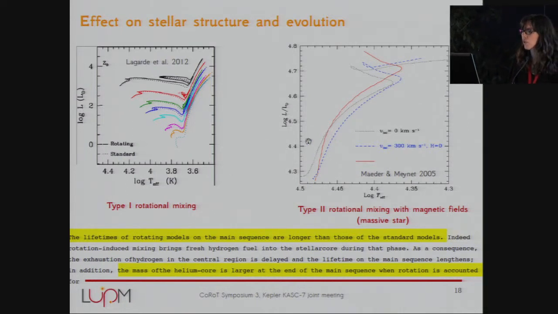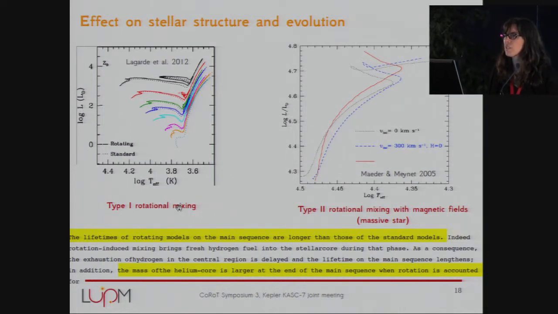Here you have two view graphs. Here is type 1 rotational mixing, meaning meridional circulation and hydrodynamical instabilities, shear instability. Evolution integrated for stars from 1 solar mass to, I think, a 5 solar mass star. You have the standard, which is dotted lines, and rotating models with solid lines, and you see that the evolutionary tracks are affected by the rotation.